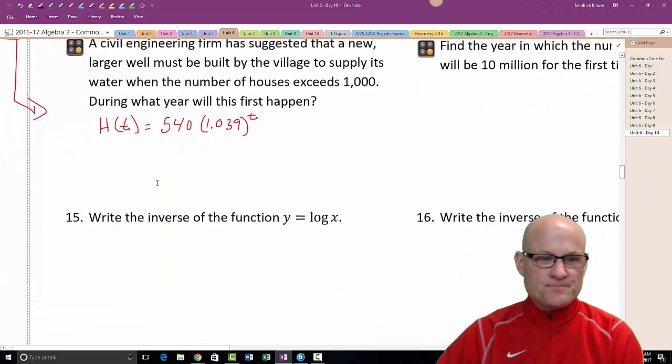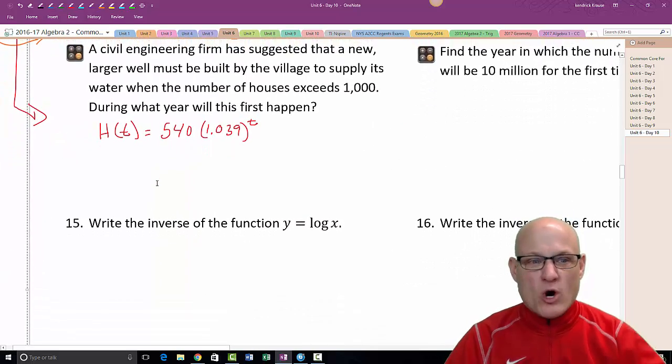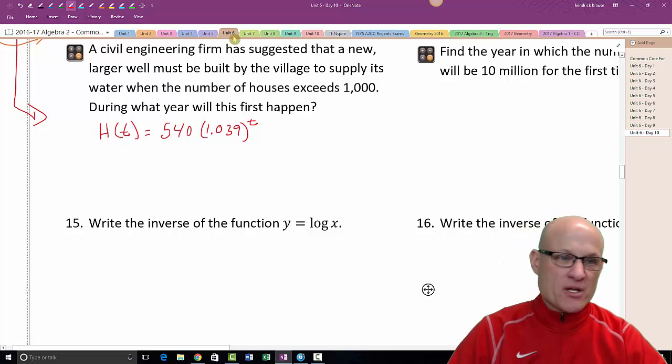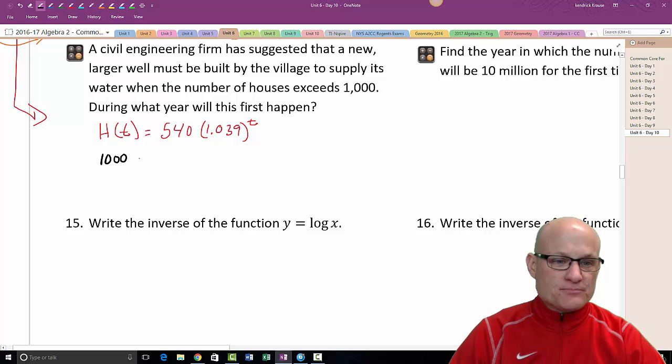The question is, when will it exceed 1,000 houses? So I want to know, when is this going to be 1,000?